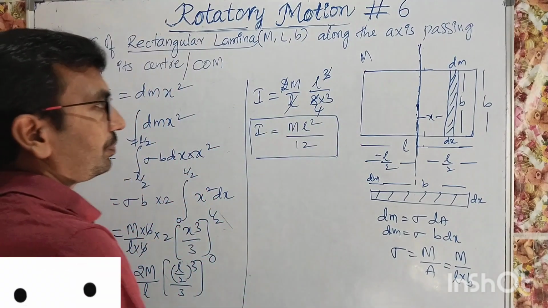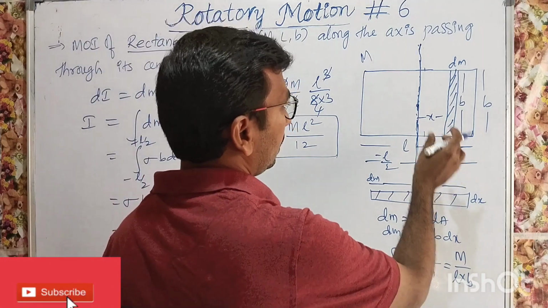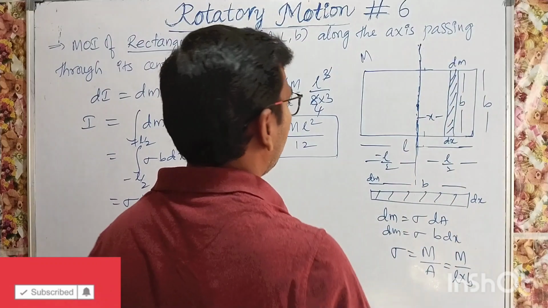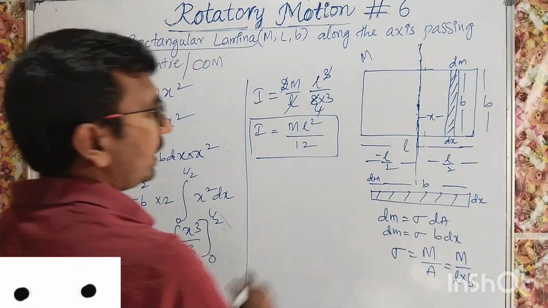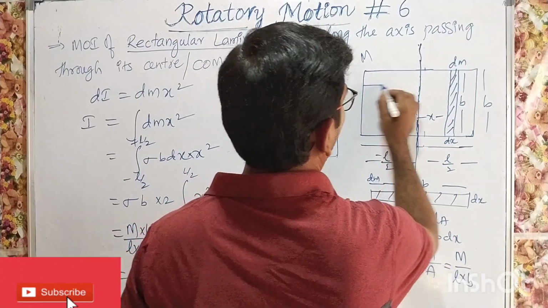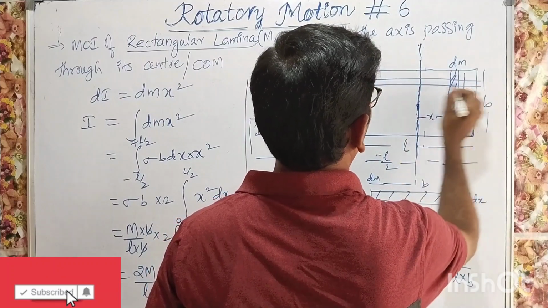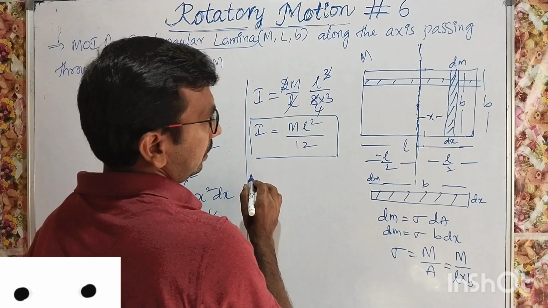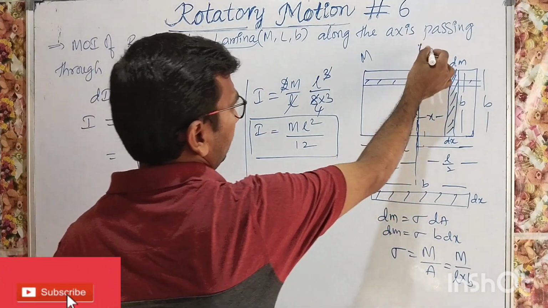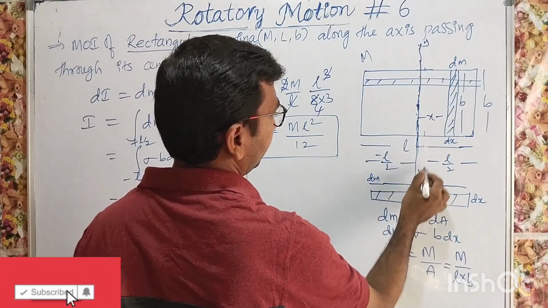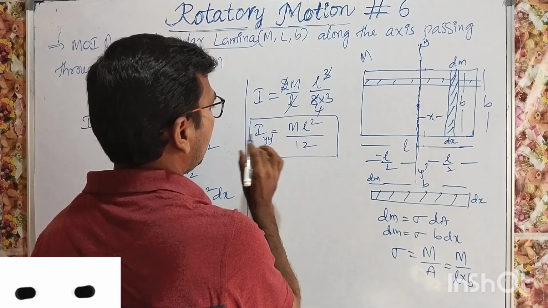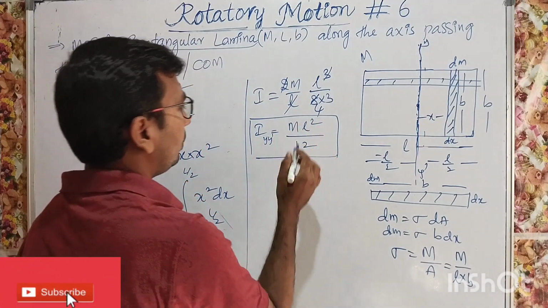You can also consider dm along the breadth. In case you consider dm lengthwise, along the y dash axis, you get the moment of inertia ML square by 12.